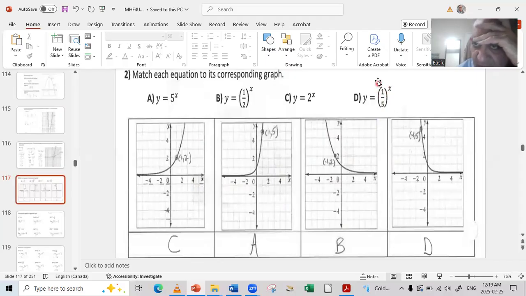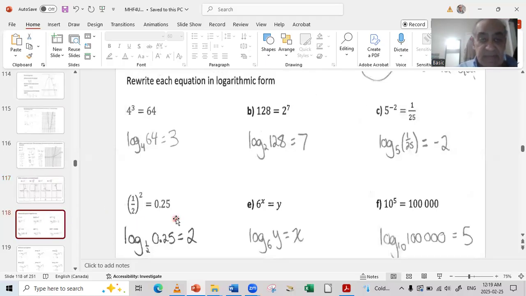Even when the value of x is increasing, the value of y is decreasing because it's a reciprocal. So it's going down this way. You can try many points, and when I work on the board now, I will show you practically how it looks.